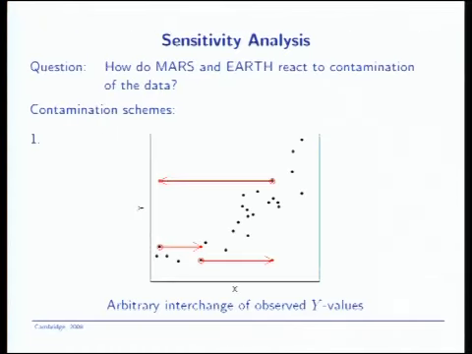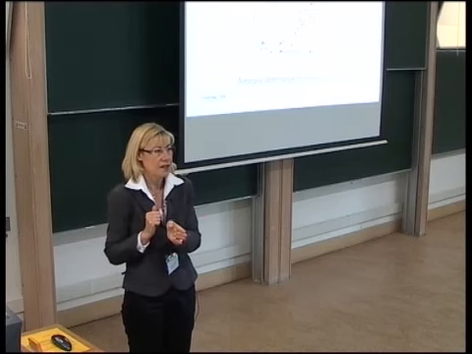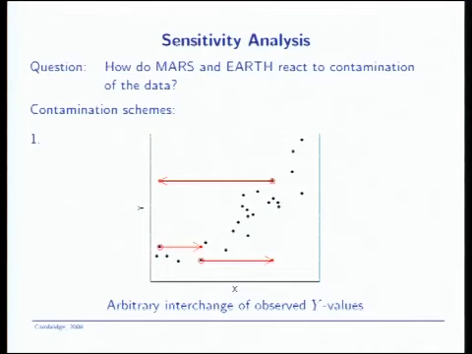Of course, in that situation one is not only interested in the correctness of the variable selection, but as Earth is just meant as a pre-screening method, after which MARS should be applied, one should rather compare MARS itself with MARS where Earth is used as a pre-step. And that is what we have done under different contamination schemes.